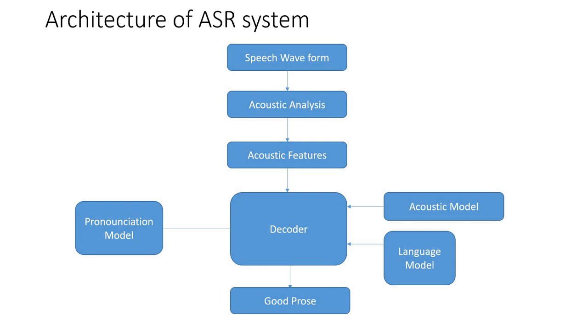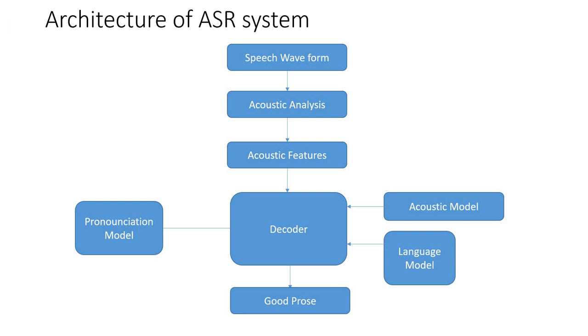It's okay if you are not into the math; those modules are not that important, but I'm just telling you, for an ASR system these are the important modules you need to understand. One is the pronunciation model, acoustic analysis, acoustic features, acoustic model, language model, and the main important part, a decoder.